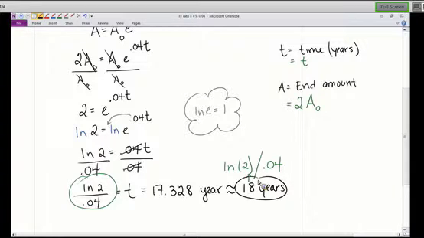You're going to actually have less than that. So you always want to round up because the question is asking you for double the money. By rounding up, you're making sure that you're going to make double your money. It takes more than 17 years to make double your money. So that's why you have to round it up.